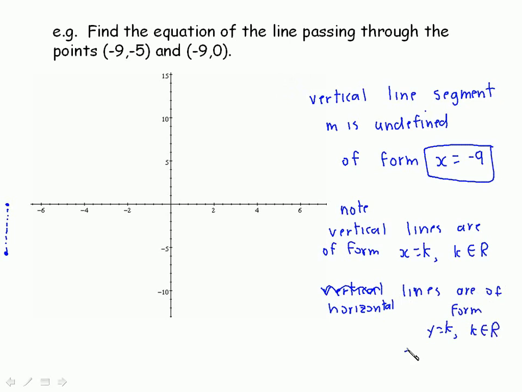So in other words, y is equal to 2, y is equal to 3, etc. We'll be seeing a bunch more of those later on. So they're kind of trick questions. The idea is to recognize they're vertical or horizontal quickly, and then you can get the equation for that.